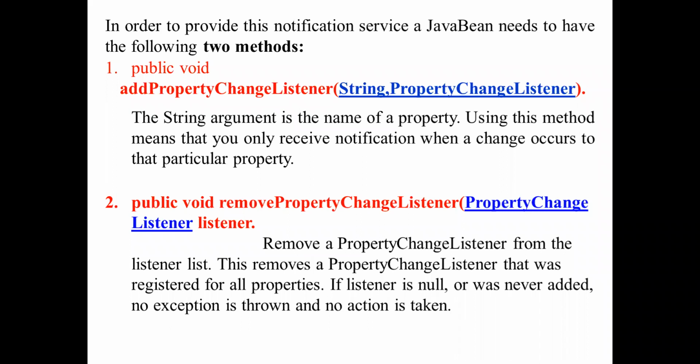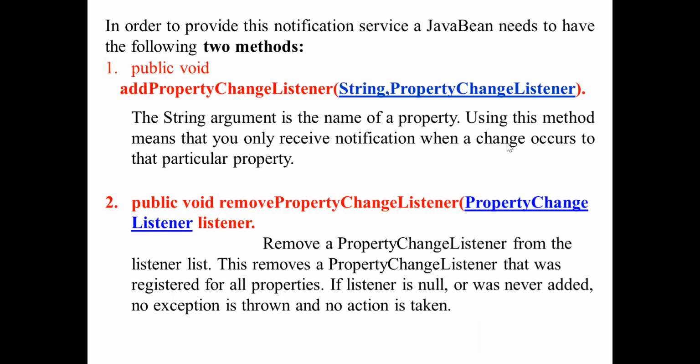The first one is public void addPropertyChangeListener. In that case, I have to send one string argument, and this string argument is the name of the property. What is the string? The string is the name of the property.